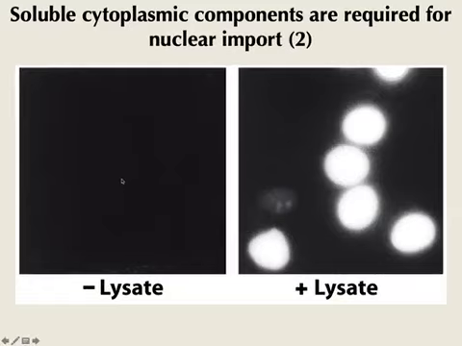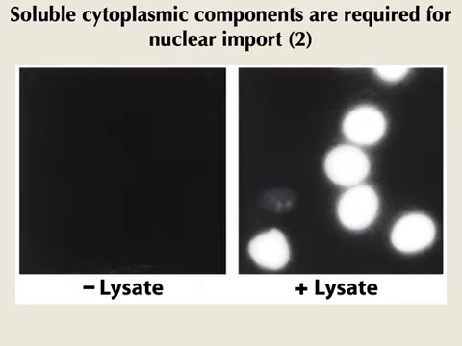But if you add back some lysate, you can have that protein go into the nucleus. So now you have a positive control, and you can now fractionate using biochemical methods the assay and add back different fractions and ask what is needed for the transport. Very tedious biochemical work, but that was part of what led to the models of the nuclear import-export cycle I'm about to tell you.